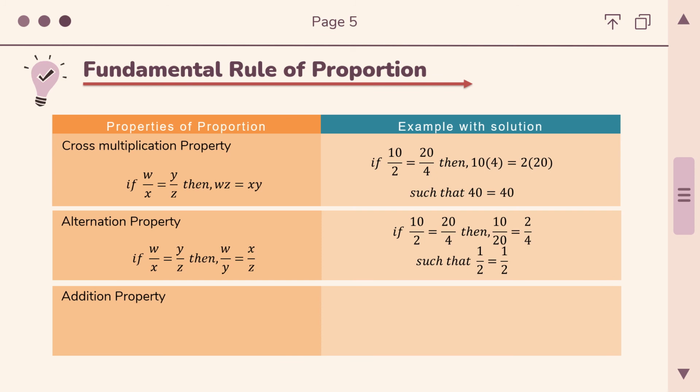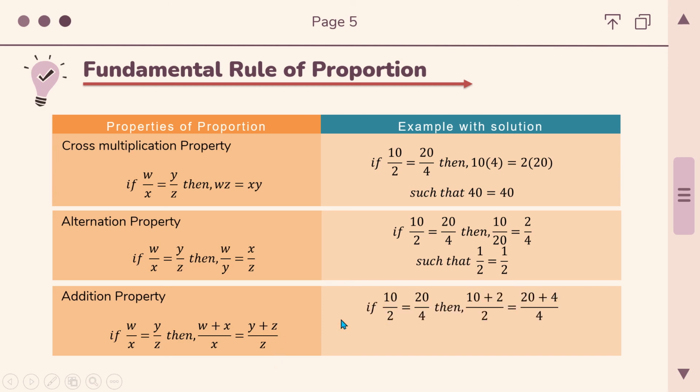The third property is addition property. If w over x is equal to y over z, then w plus x, so ang numerator giadan sa denominator, over denominator is equal to y plus z. Same gyapon, ang numerator y plusan sa denominator nga z, over denominator nga z.